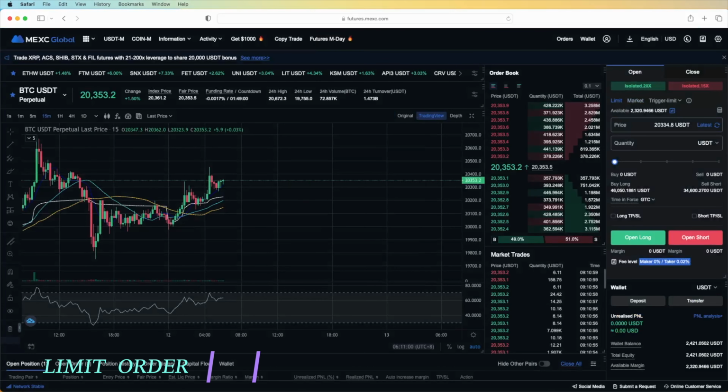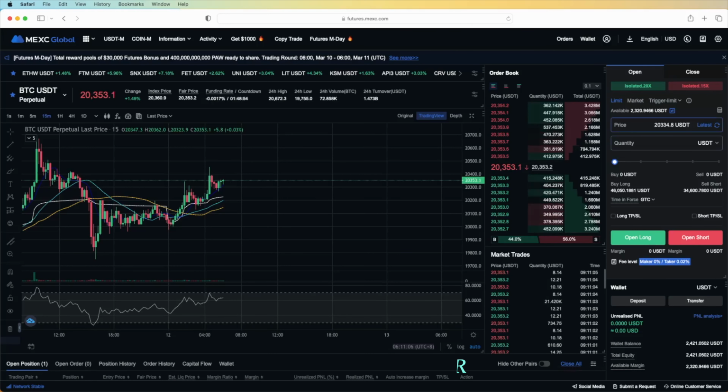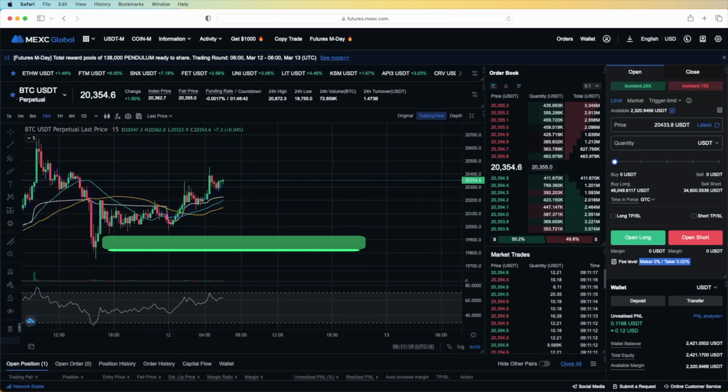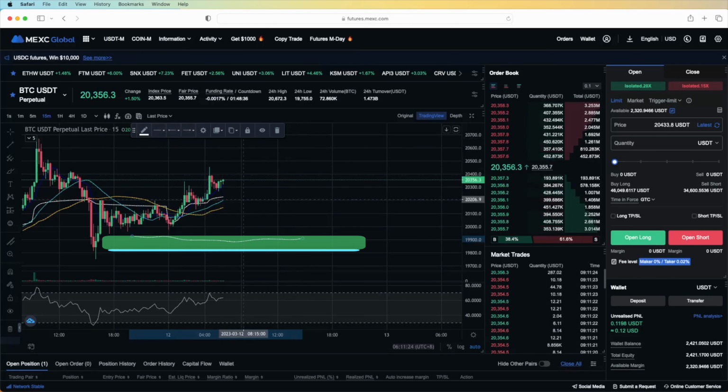Here you have three different order types: market, limit and trigger. You set a price first. For example, I'm going to place a limit order when the price reaches this area. I just changed the color.